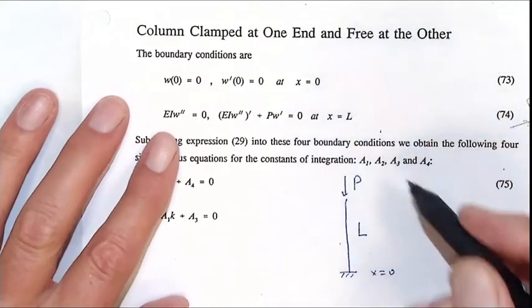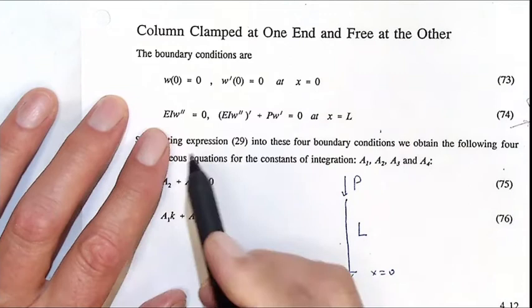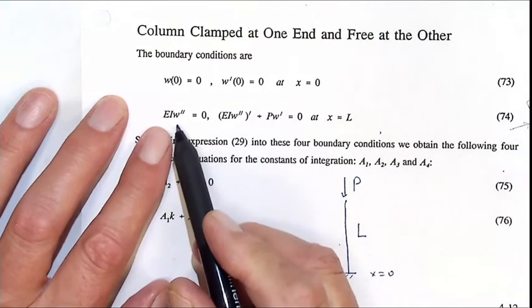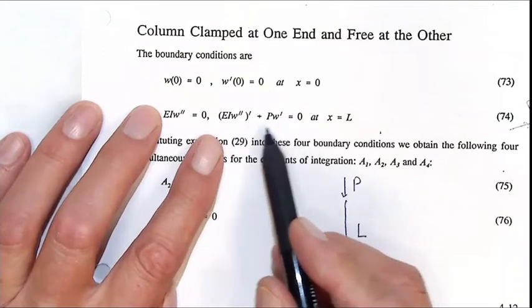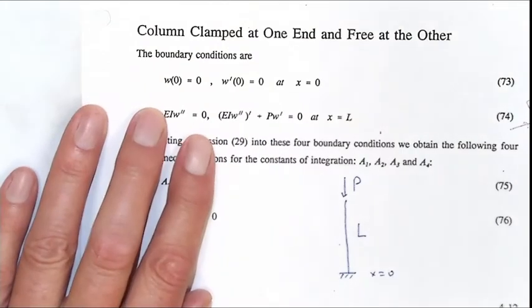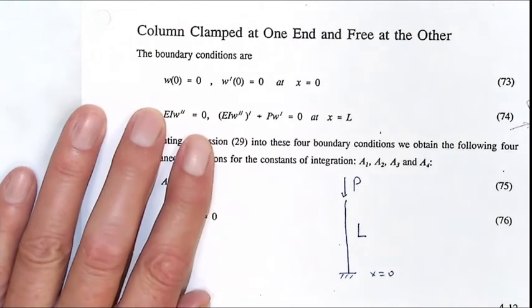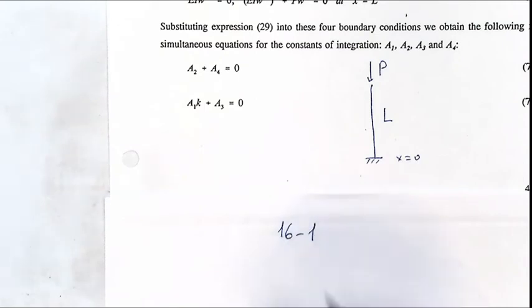Okay, at x equals 0. Here, then, bending moment equals 0. That is one thing. And then what we call effective shear force equals 0. I will write down this expression of effective shear force. So that is 16.1.